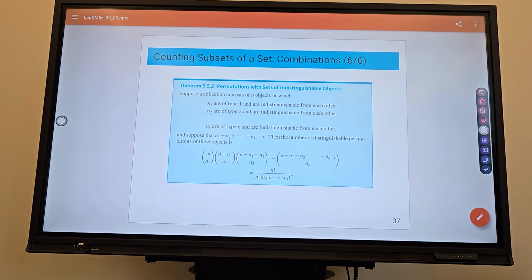And suppose that n1 plus n2 plus n3, etc., to nk equals a total of n. Then the number of distinguishable permutations of the n objects is given by n factorial over n1 factorial times n2 factorial times n3 factorial, etc., to nk factorial.